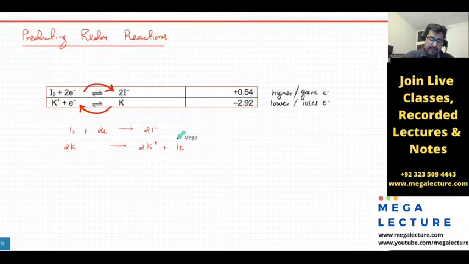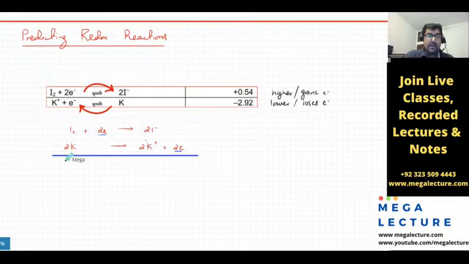So 2 electrons are gained and 2 electrons are lost. Add up the 2 reactions, the reactants and the products, and so it's going to be I2 plus 2 potassiums and the product would be 2I minus 1 plus 2 potassium plus 1. So you've figured out your redox reaction. That's about it. Okay, it's very easy.